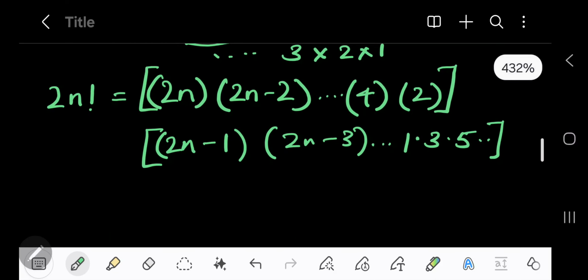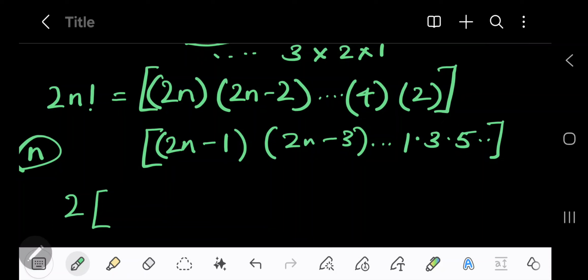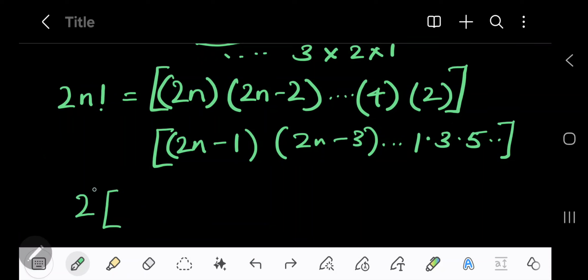Okay, so if we take out a 2 from this whole thing, what would we get? Since 2 is in every term and it's being multiplied n number of times, we can take 2 raised to n, right?